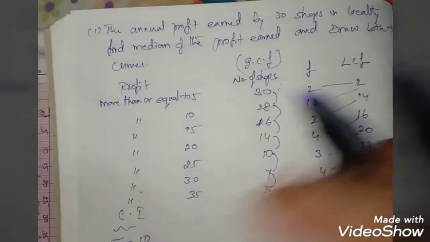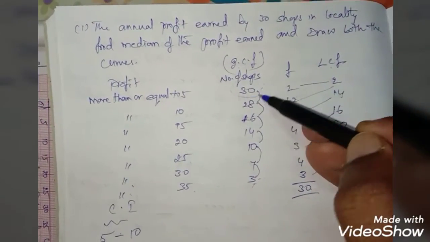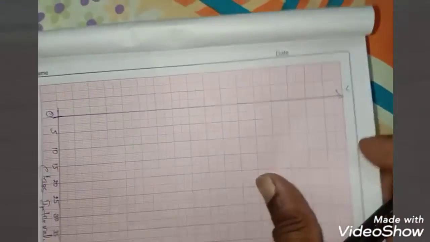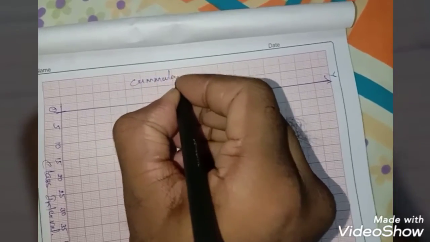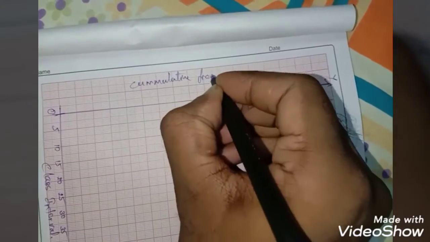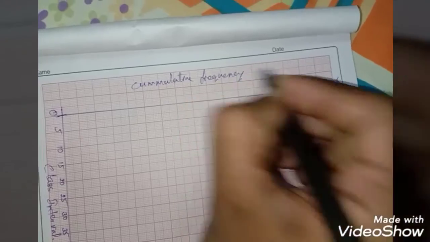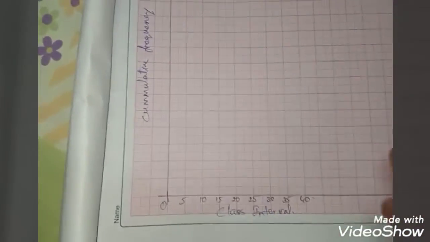In this cumulative frequency the highest value is 30. We can start with 2 or 1 based on the length of the graph.